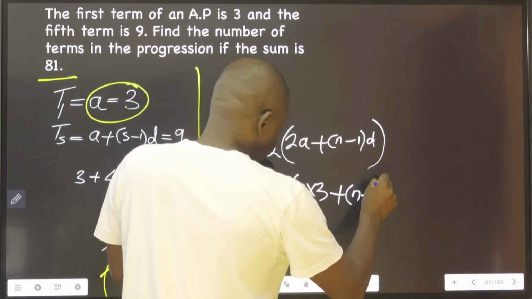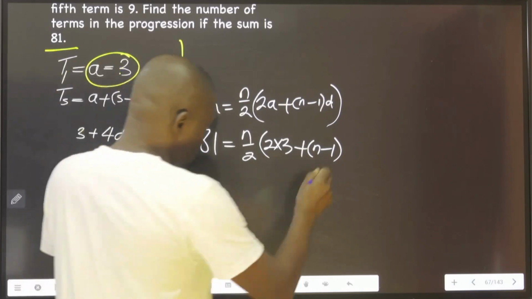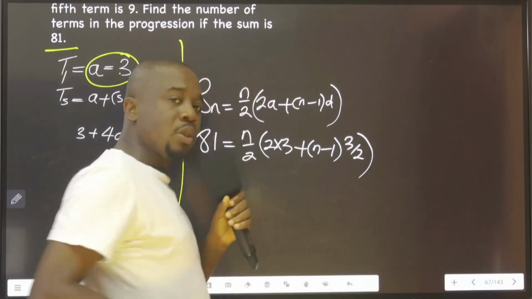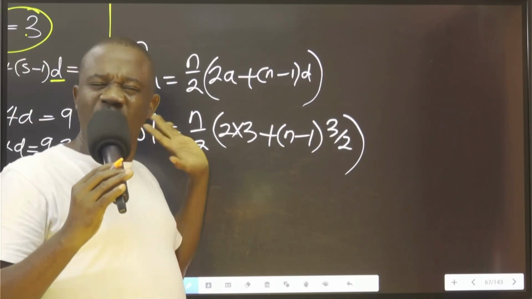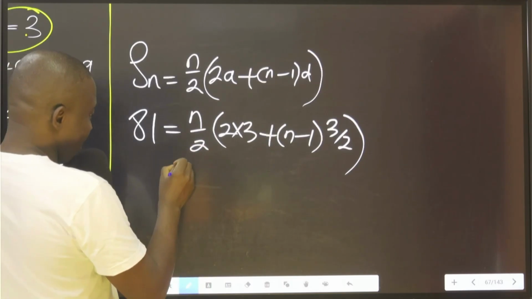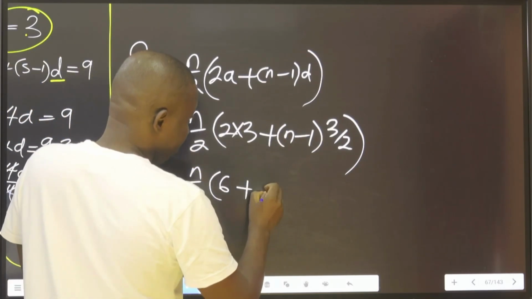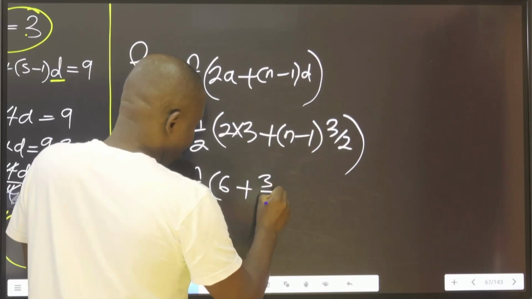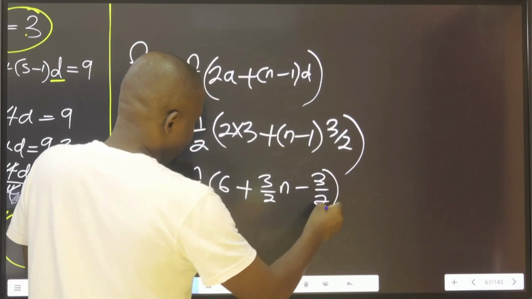We also know D to be 3 over 2. Okay? So all we need to do now is to work on this. No issue. Therefore, we can come here straight to say n over 2, 6 plus 3 over 2 n minus 3 over 2.